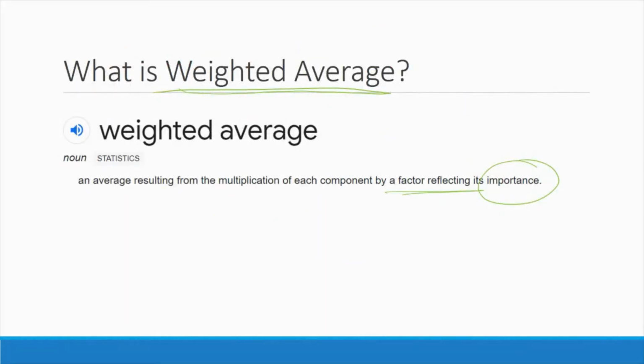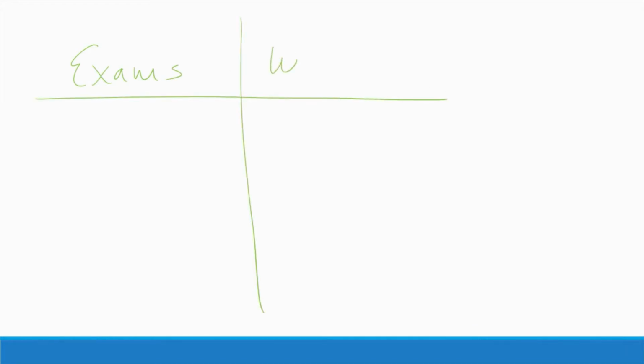In weighted average, each component that we're trying to get an average from has a different importance, which is what we have on exams. So typically, from the classes that I've taught, you have your exams, and what is the weight of each exam?